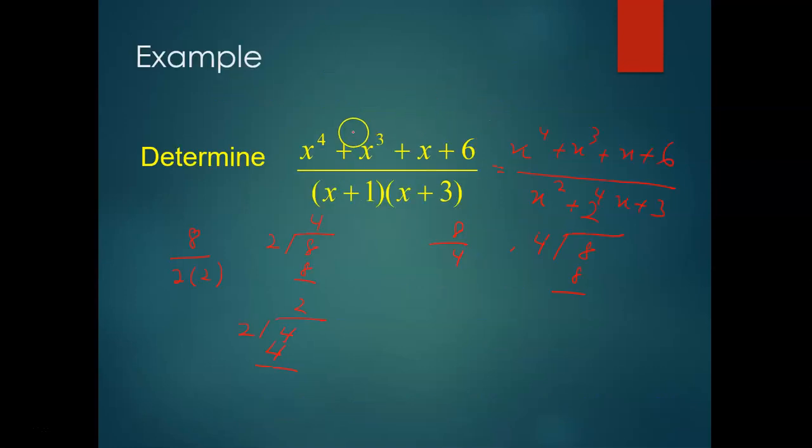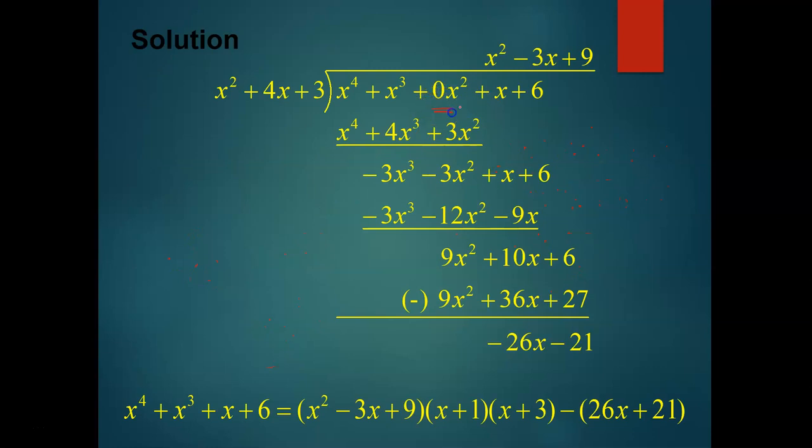If you look at our question, x to the fourth plus x cubed plus x, suppose you have 0x squared in between. So when you do long division, you add that term so that you can avoid confusion, because after you multiply x squared by 3, you will end up with a term with the coefficient of x squared. If you didn't write this, you will be confused about which value to subtract. So it is better to write that 0x squared.